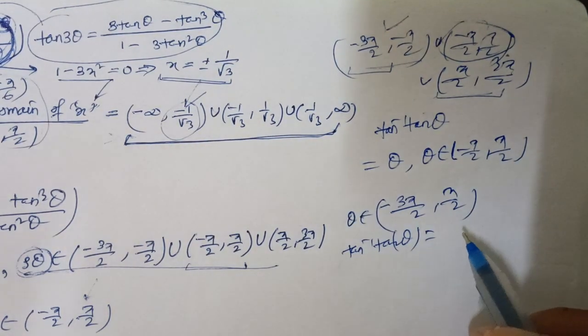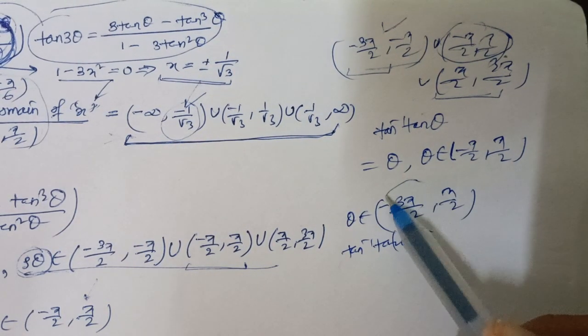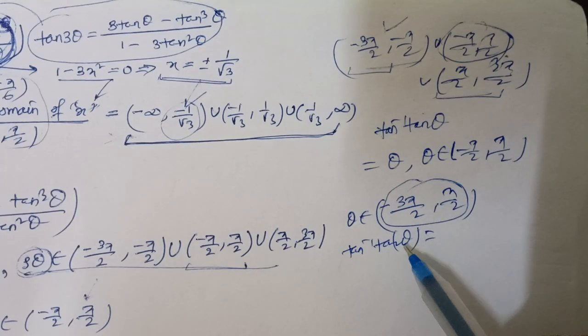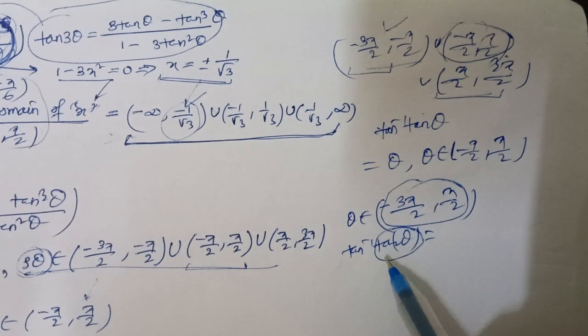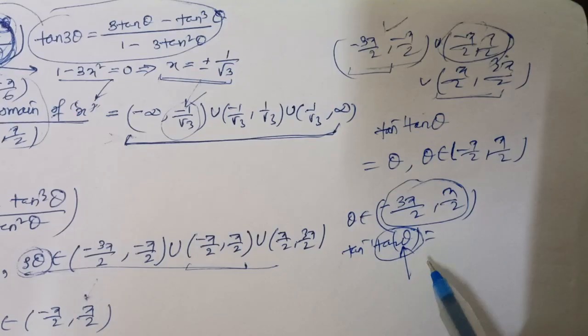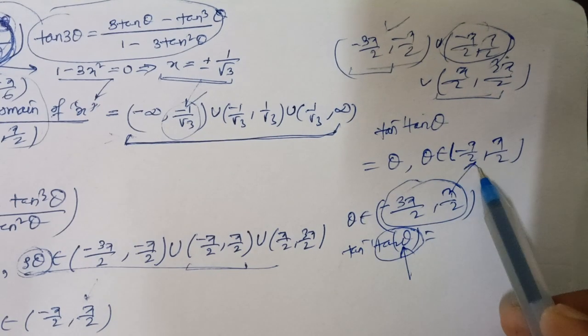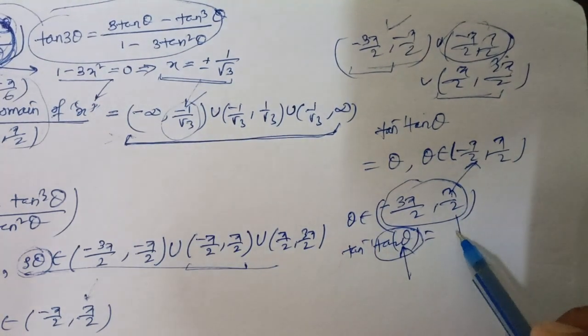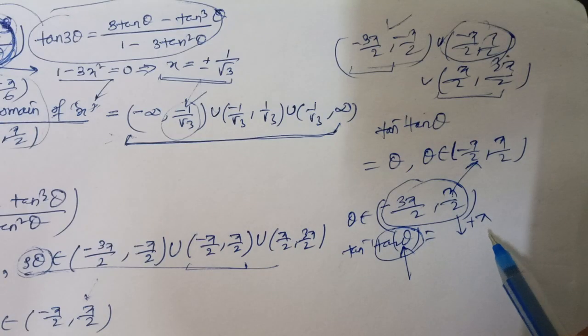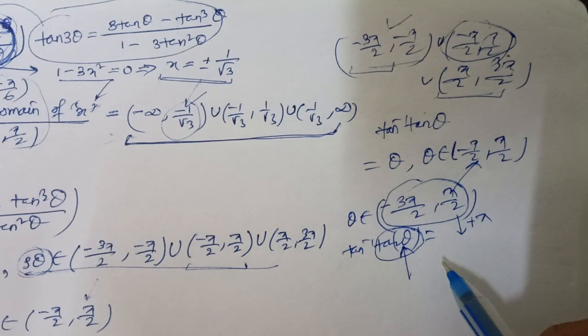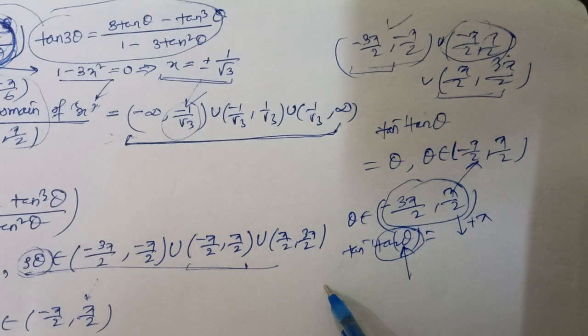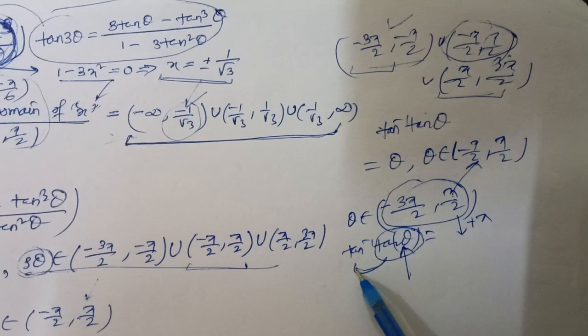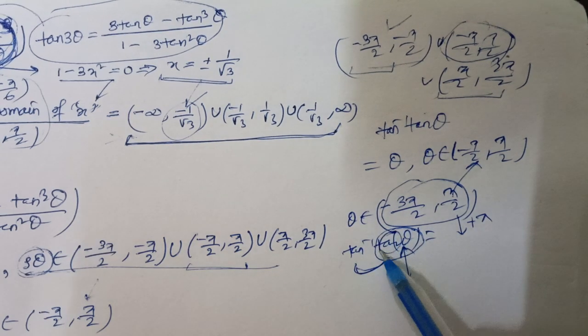What happens is we have to make adjustments to this interval such that the inside value doesn't change, but the angle changes and falls in this. Now see, if we add pi to this, now also bear in mind that when we are dealing with this, we want the inside function to be the tan.